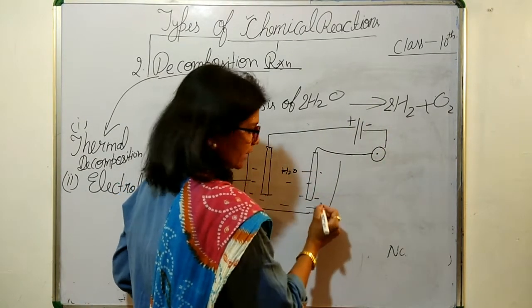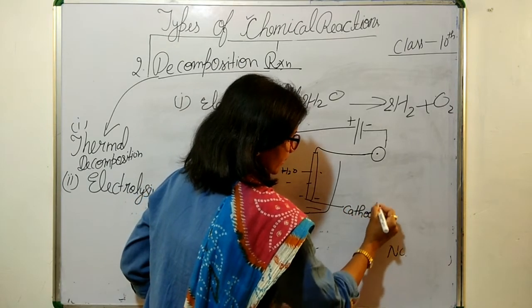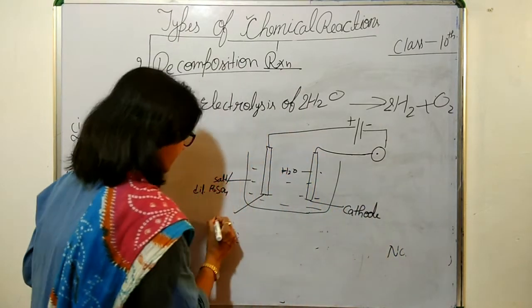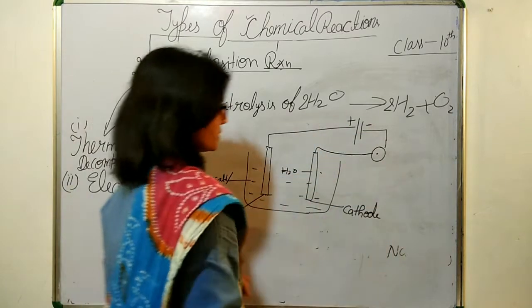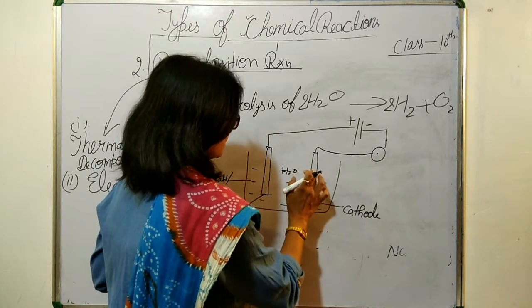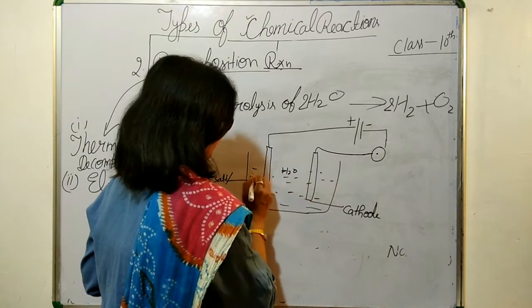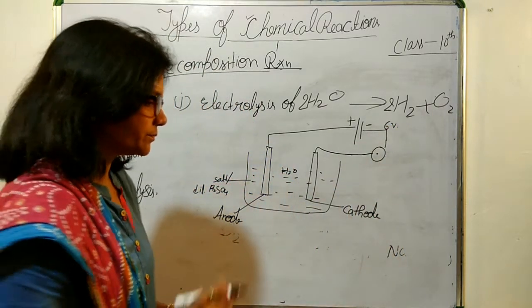So this is your cathode rod, and this is the anode rod, the positive terminal. And water is there. Approximately a 6-volt battery we use.